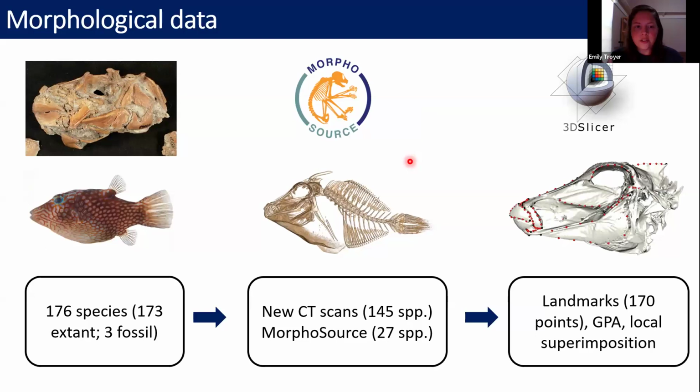Of our 176 species, we generated new data for 145 species, and then we used specimens from MorphoSource to increase our taxonomic sampling. After segmentation and digitization in the 3D Slicer program, we performed general Procrustes analyses just to remove the effects of any non-shape variation, like the scale, the size, or the orientation of each specimen.